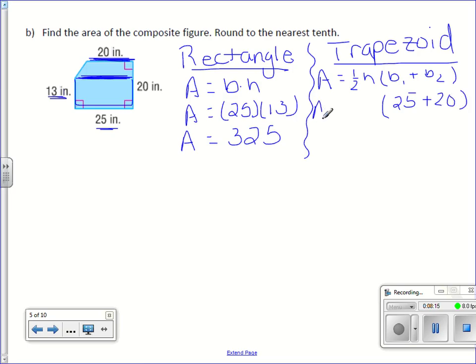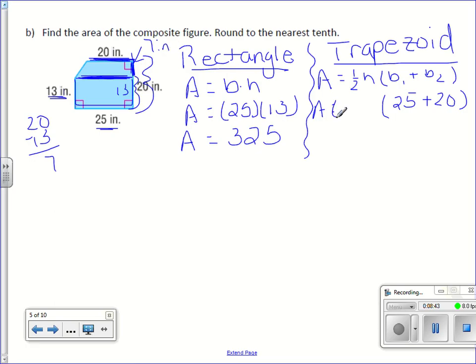Okay? The height represents this short little distance here. Well, if I know this whole height is 20 and this little piece is 13, to find our missing height, we would subtract those two numbers. So our missing height is 7 inches.